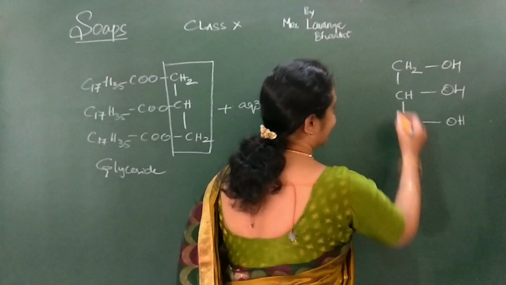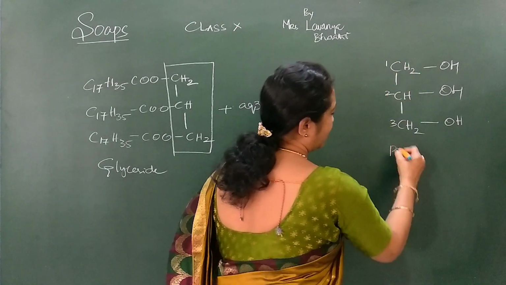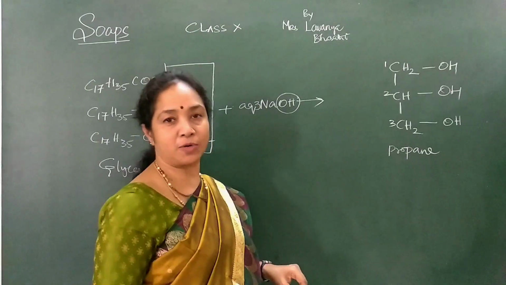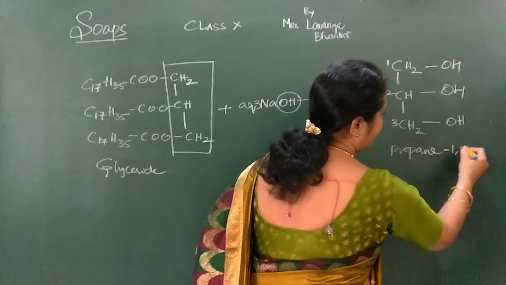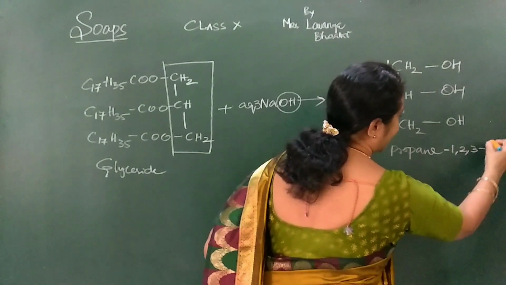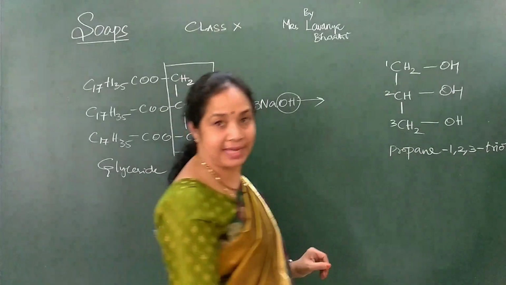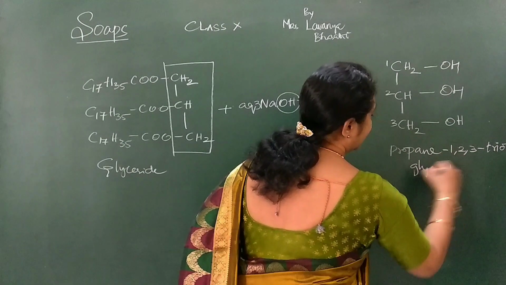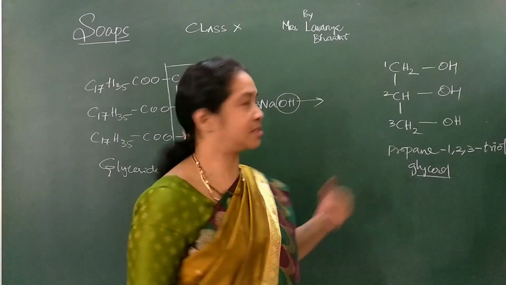If I number it as 1, 2 and 3, the IUPAC name of this compound glycerol is propane-1,2,3-triol. So this is the name of this glycol or glycerol. We generally call this glycerol. This also has many uses like medicinal uses.